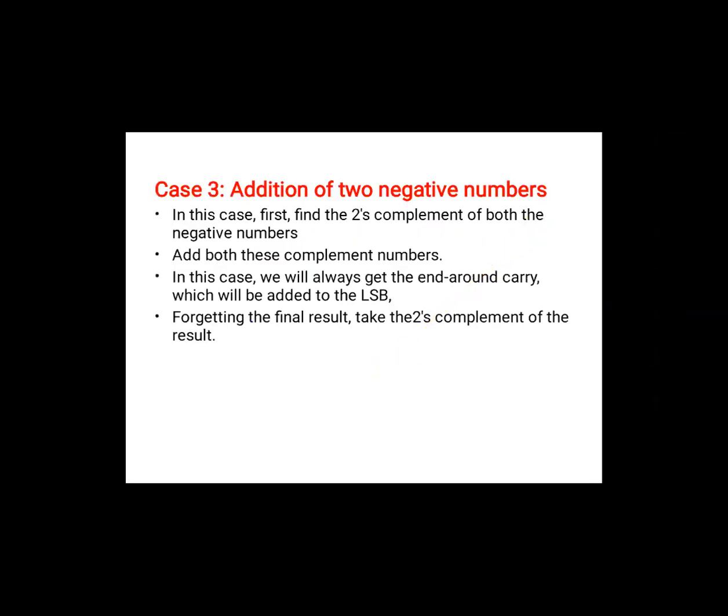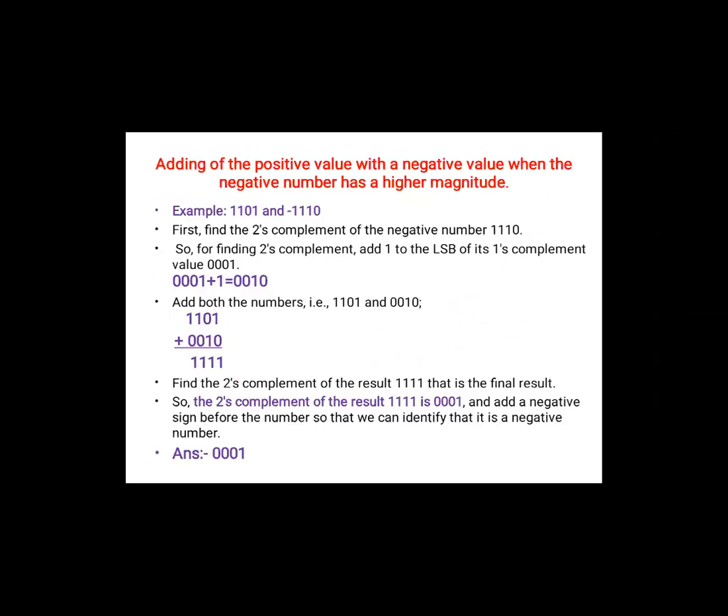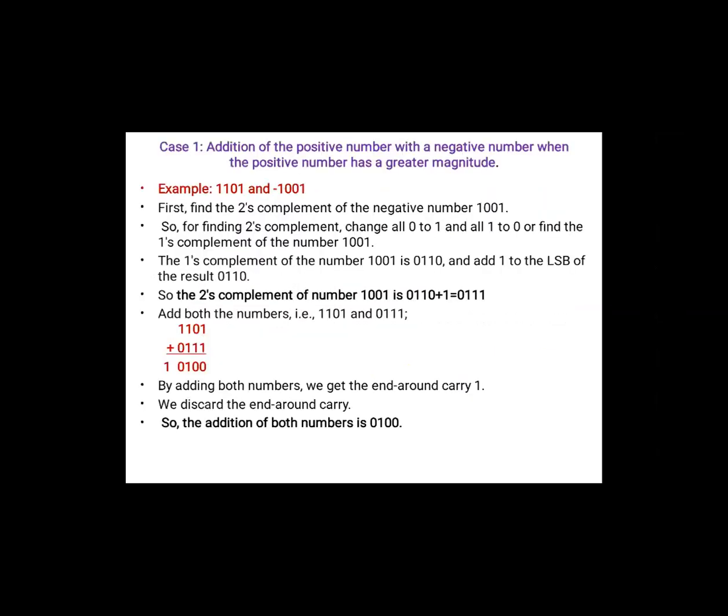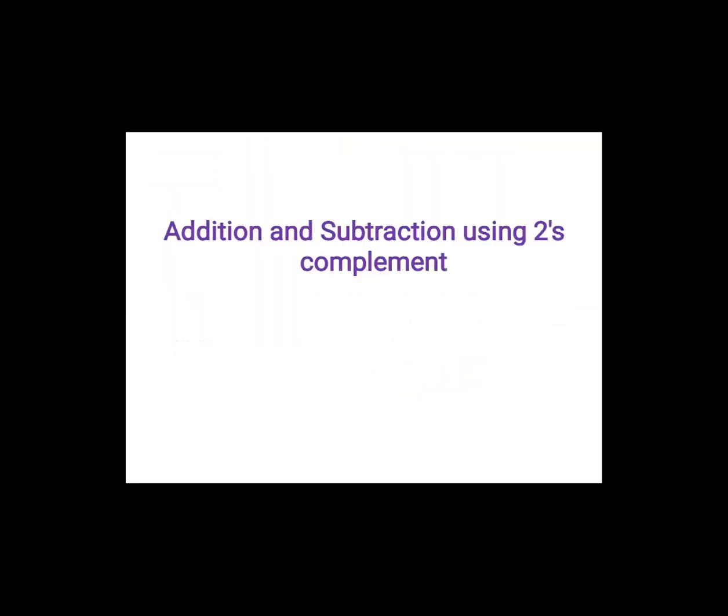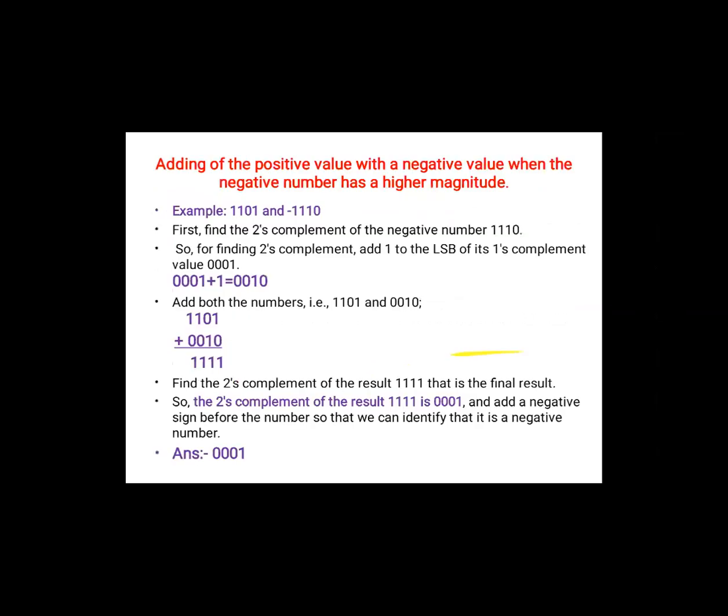I'm not getting it. पहले वैल्यू का -1101, ठीक है. Wait, just a moment.